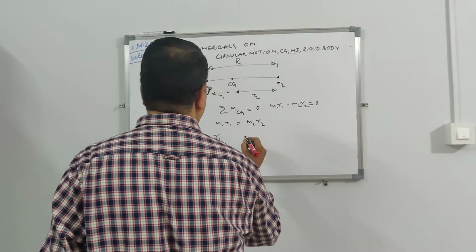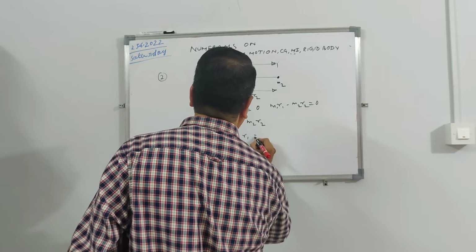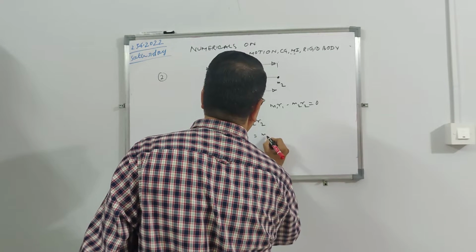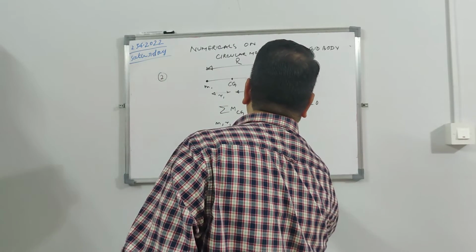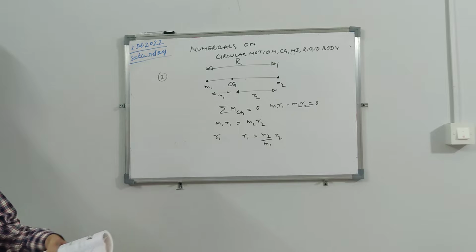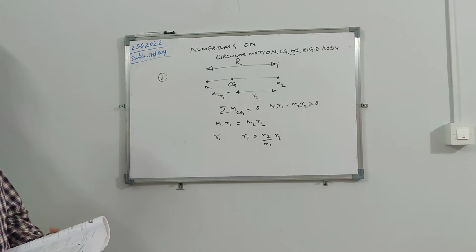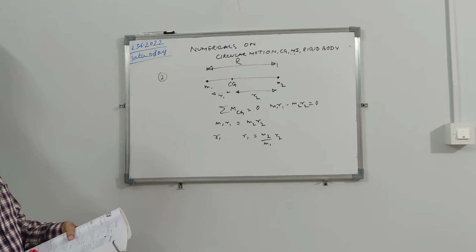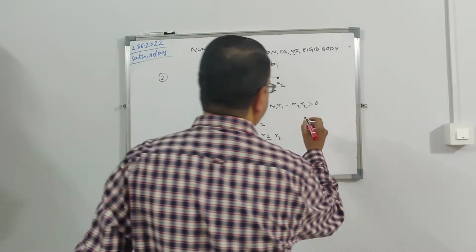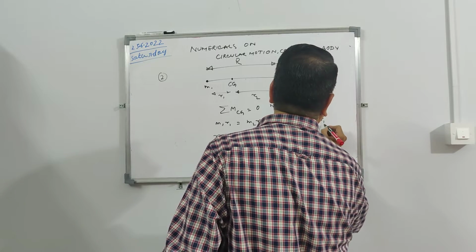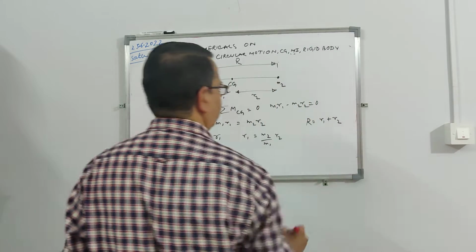So r1 is equal to m2 by m1 into r2. And again, R is equal to R1 plus R2, right?